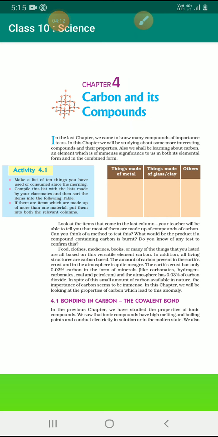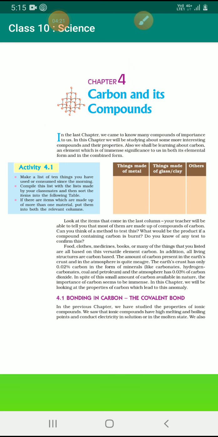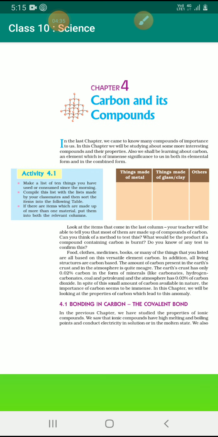It means that the compounds which deal with carbon are called carbon compounds, called organic compounds, right? Remember this. You may get this as an MCQ question: the compounds which deal with carbon are usually called organic compounds.